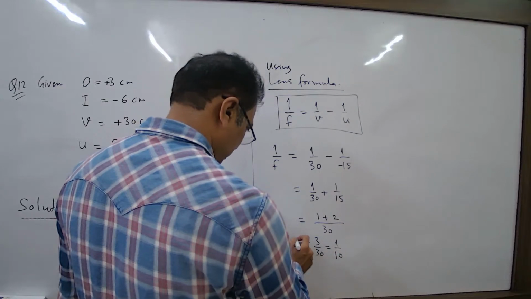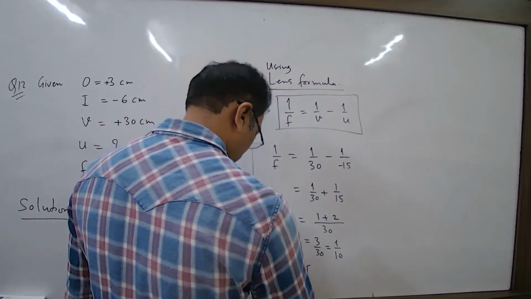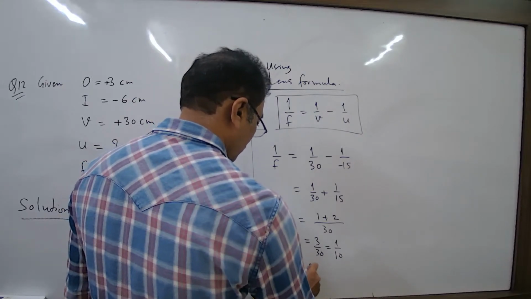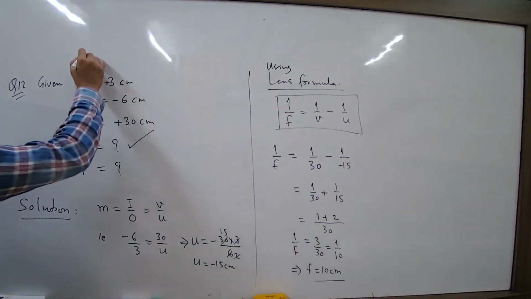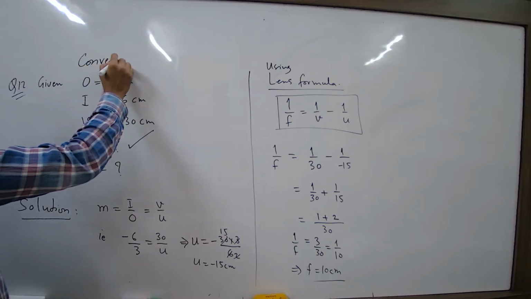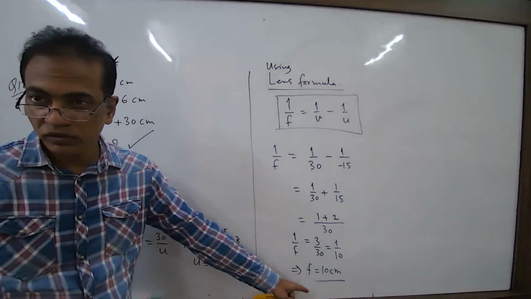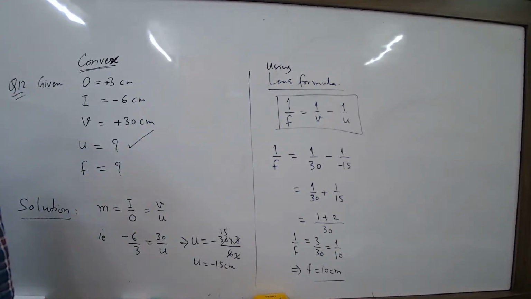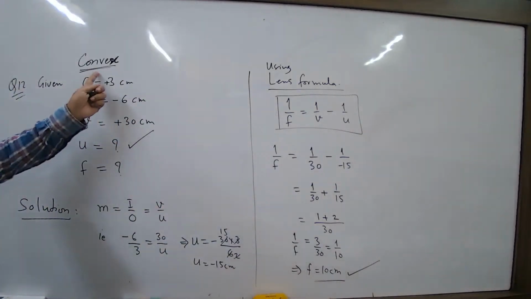So 1 upon F is 1 by 10, which means F is equal to 10 centimeter. You also have to write the name of the lens. The numerical value is given for a convex lens, so focus should be positive for convex, and that's what we have. These are the checks. Once you know the sign convention, this is how you verify. So we got F equal to plus 10, which looks correct.